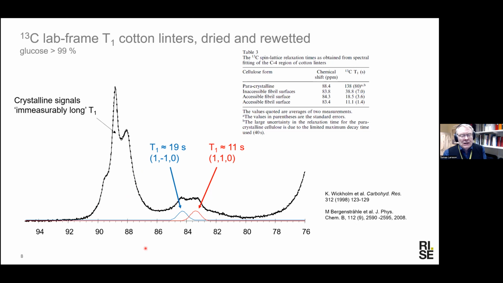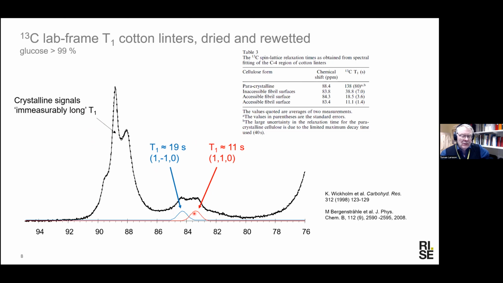And we have measured that, and from a practical point of view, we can only determine the relaxation time for a couple of signals, the least ordered ones, or the surface signals and so on. In the crystalline interior, the spin lattice relaxation times are so long that we can't measure them from a practical point of view. But we could determine two different relaxation times for the two different surface signals.